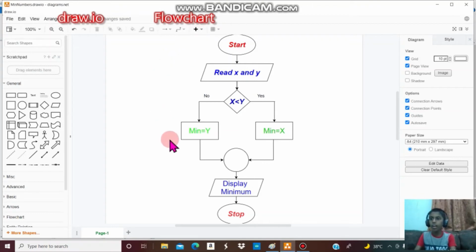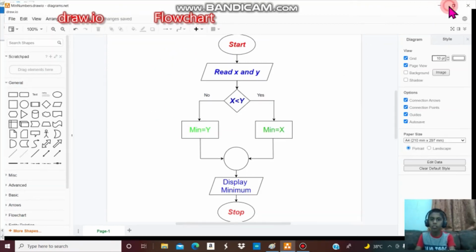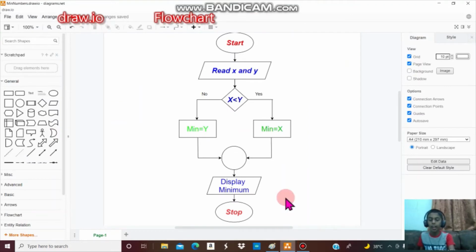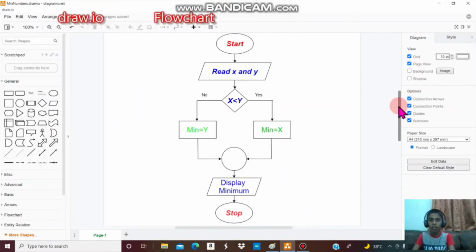So, right now we are in draw.io. We were first in Paint. Now we are going to draw.io. As you can see, this is a program used for minimum, and we are using the same example. The example was X is equal to 50 and Y is equal to 25.